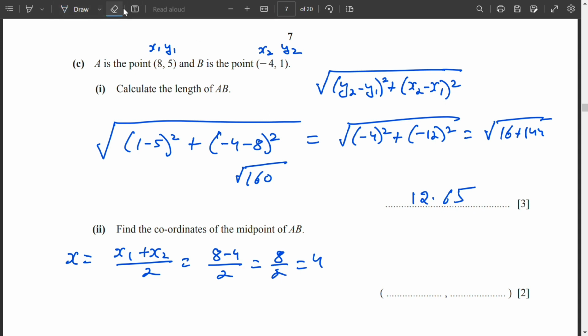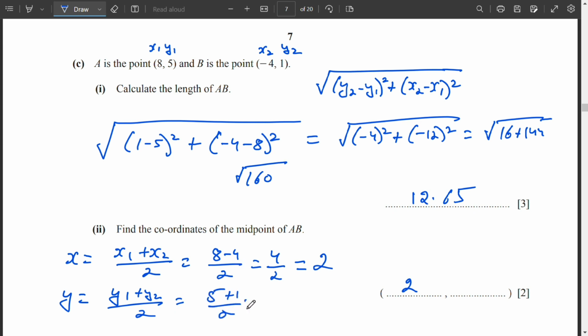Sorry, this is a mistake. This is not 8. Actually, 8 minus 4 is 4 by 2, so this will be 2. So x coordinate is 2, and the y will be, you take the average of y1 plus y2 by 2. So y1 is 5, y2 is 1, 5 plus 1 by 2, that is 6 by 2, which is equal to 3. So 2 comma 3 will be the midpoint of AB.